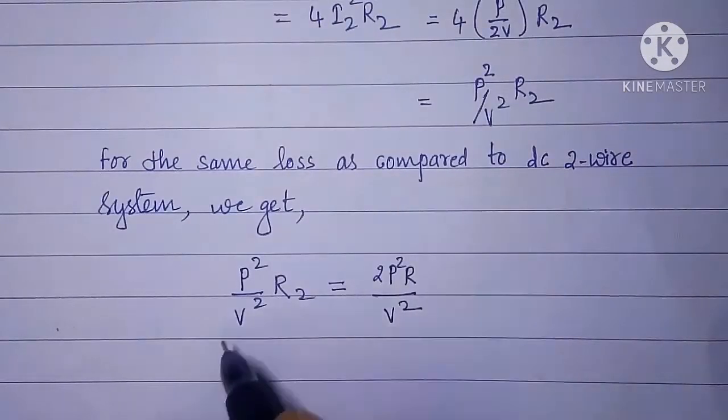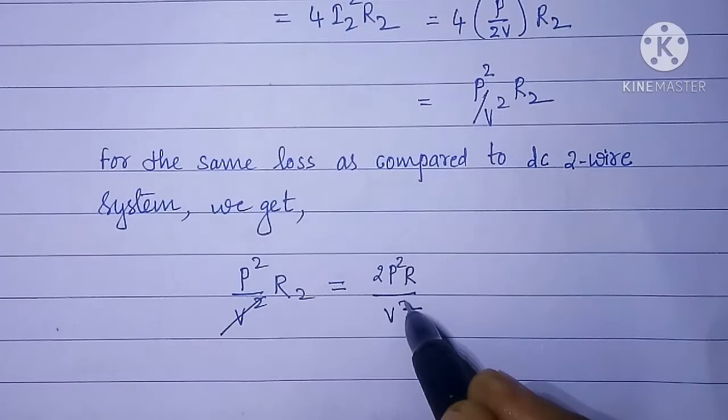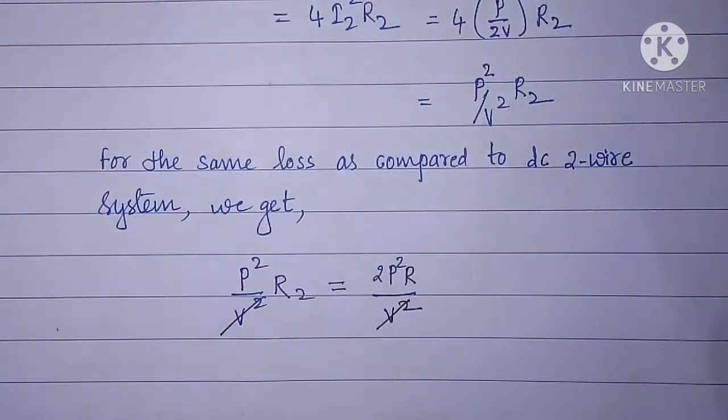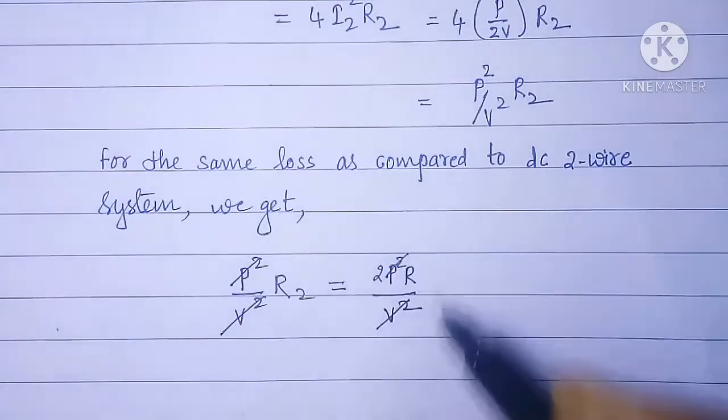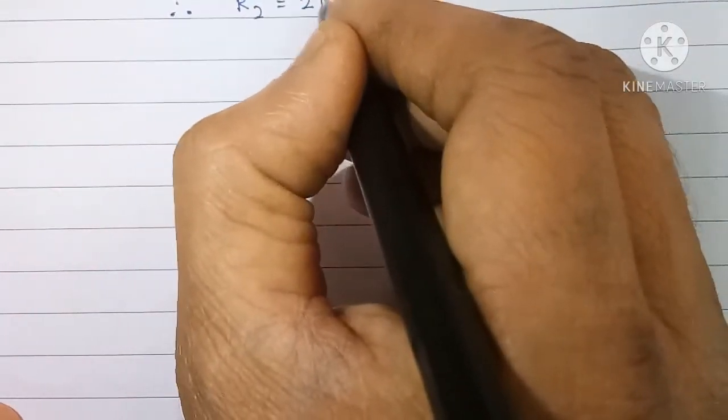Simplifying, we get V square cancelled, P square cancelled. Therefore, we get R2 equal to 2 times R.